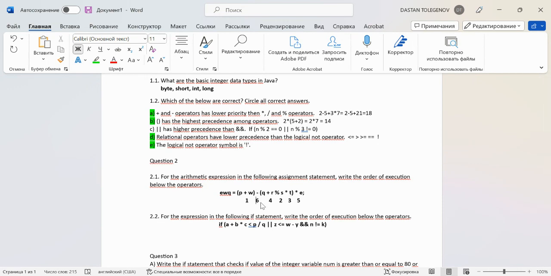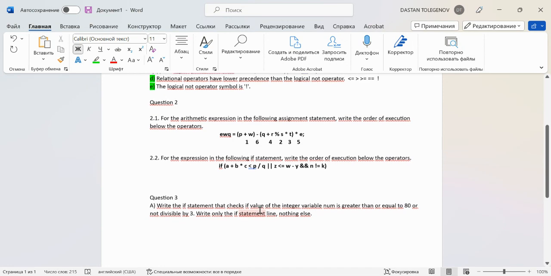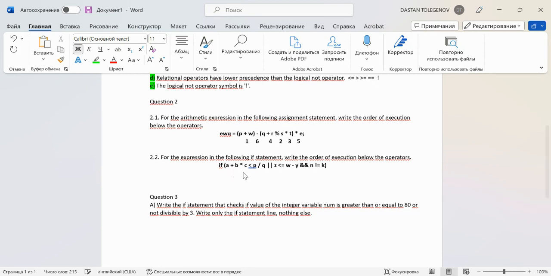All right. Question 2.2, we have statements. There are relational operators as well. What can be done first? Of course, multiplication first. What else? We have division as well.